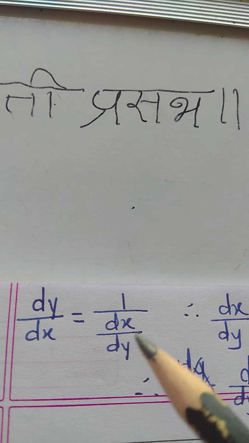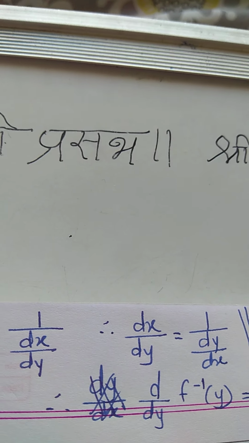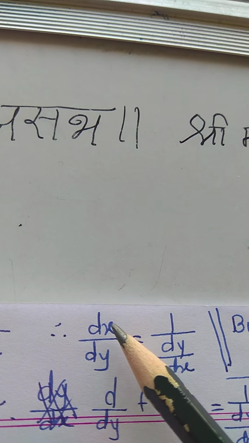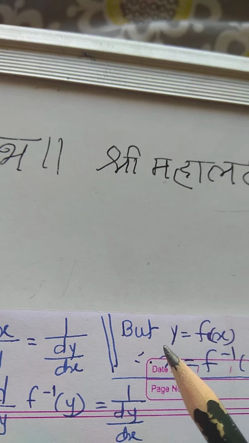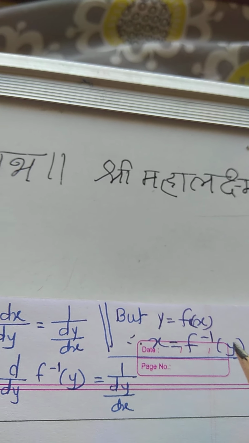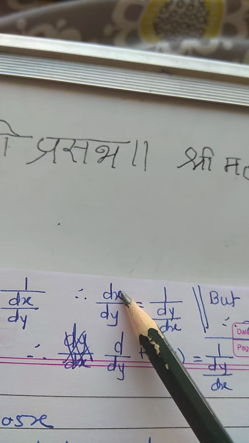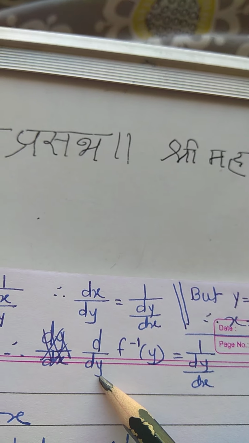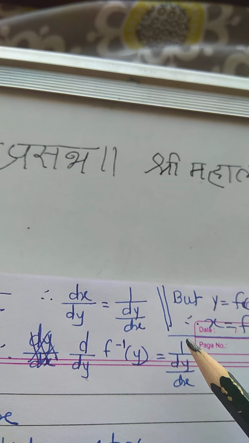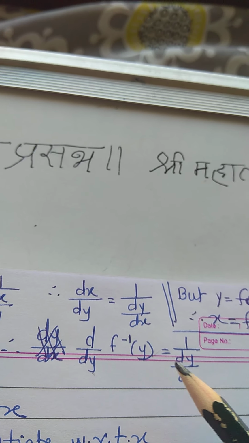Therefore, dx by dy should be equal to 1 upon dy by dx. Okay, but what is x? We know that if y equal to f of x, then x should be equal to f inverse of y. So in place of x, we can write here derivative with respect to y of f inverse of y. That is equal to 1 upon dy by dx.